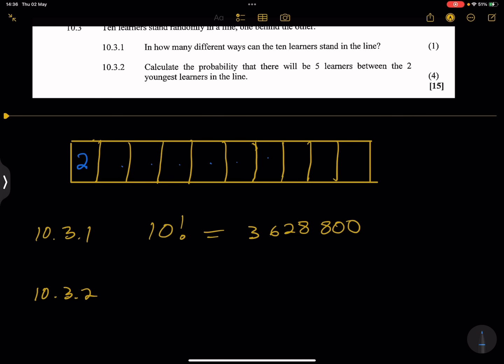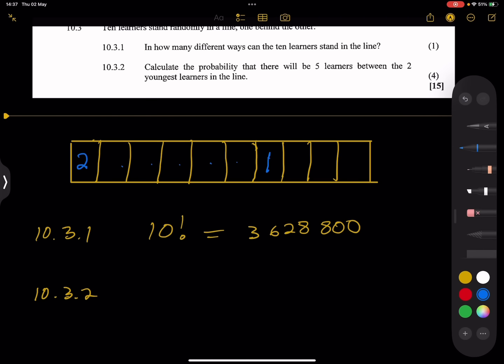So that's 1, 2, yes, that's position 6. Now I've placed 2 learners. How many are left? That would be 8. So that would be 8 factorial in that case.